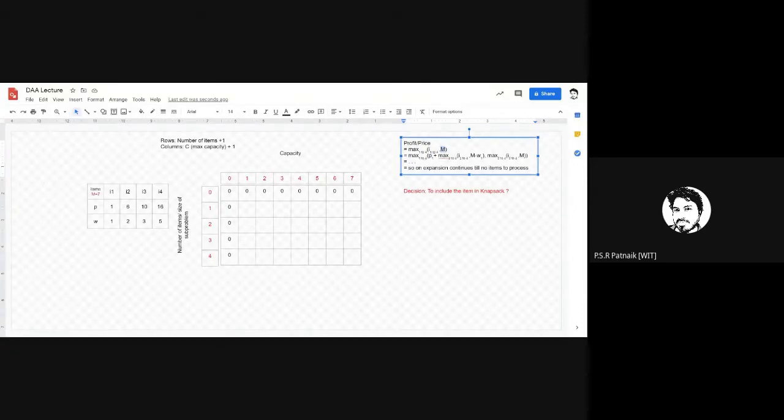Then the profit is the profit earned by including item 1 and reducing the sack capacity by W1, and you further solve for the maximum profit you can achieve for items 2 to 4 with the remaining capacity. If you do not include the first item, you just solve for the maximum profit for I2 to I4 with knapsack capacity M. And we saw this equation very frequently in the recursive approach.